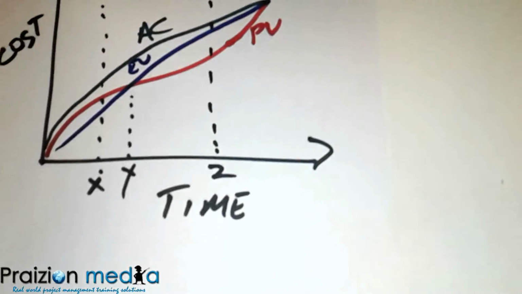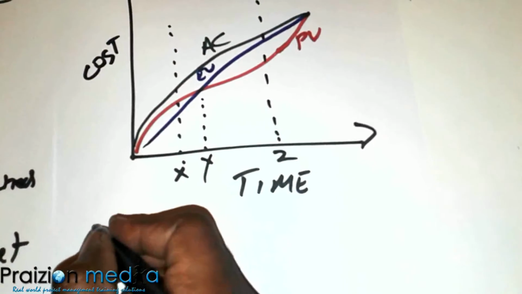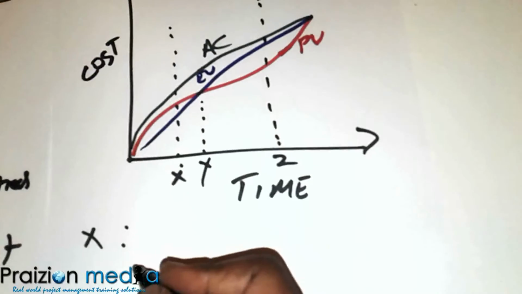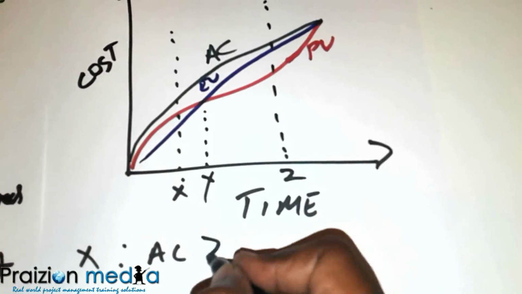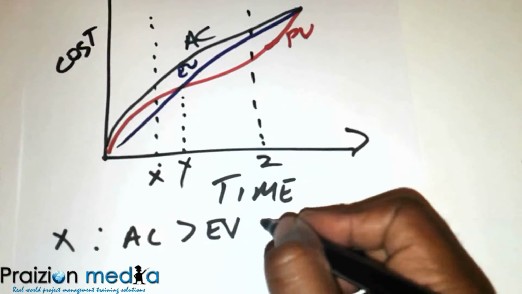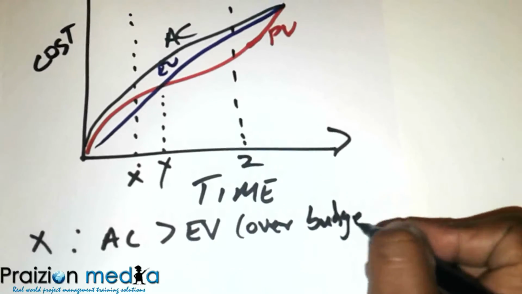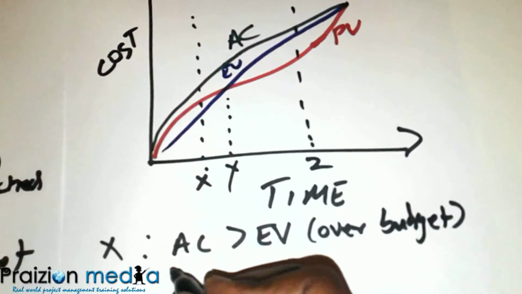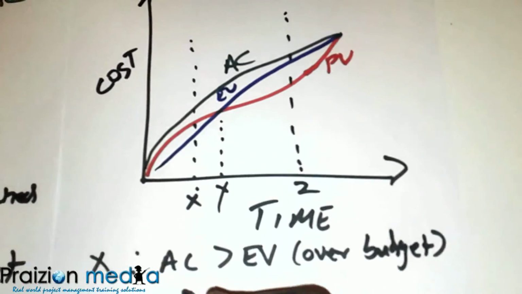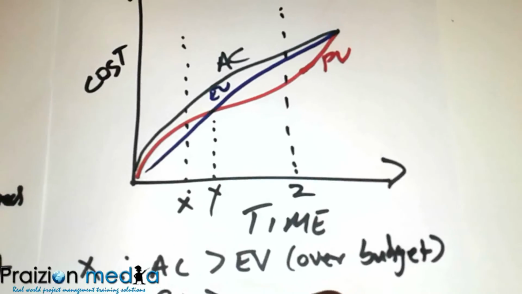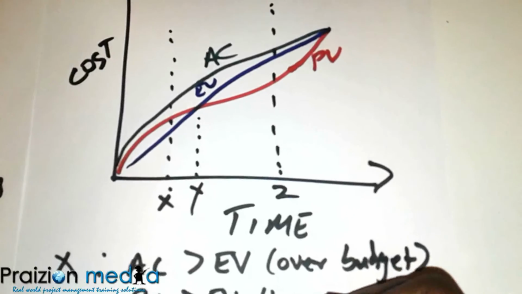Let's write a few of these conclusions just to solidify what we're talking about here. At X, we can say that the actual cost is greater than the earned value, and that means we're over budget. We can also say that at point X, your planned value is greater than your earned value, so you're behind schedule.